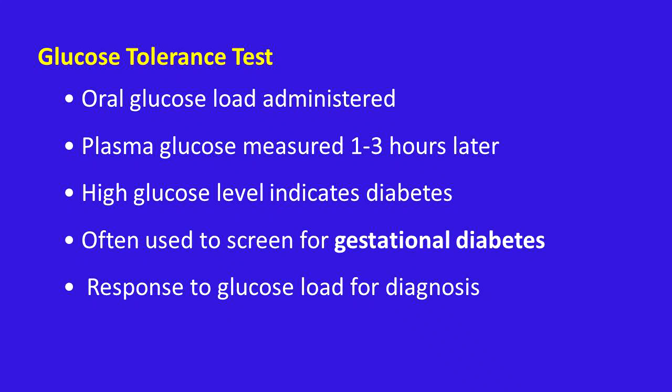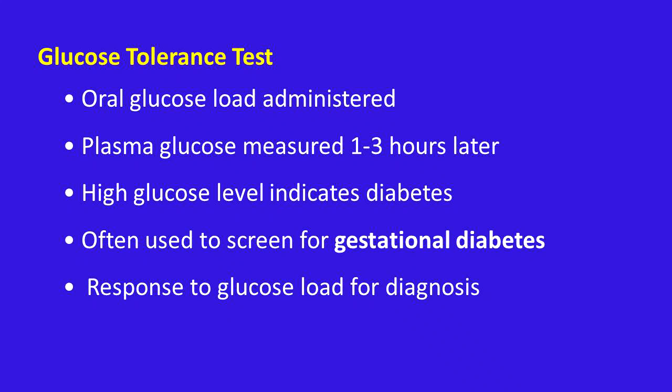Another term I should introduce is the glucose tolerance test. In this test, you ask the patient to take usually around 100 grams of glucose. After the patient takes the glucose, you measure the glucose concentration between 1 to 3 hours, usually after 1 hour, then the second hour and the third hour.